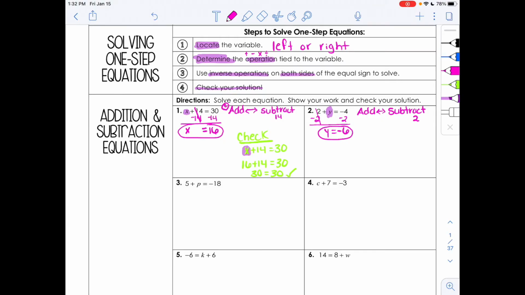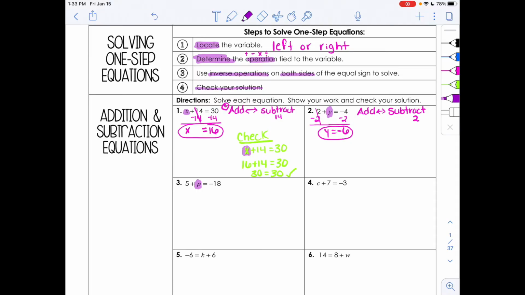Locate the variable. This time we're using the variable p. The operation that's with it is addition. So we're going to do the inverse and we're going to subtract. And for this problem, we're going to be subtracting 5 because 5 is that number on this side with our variable that we need to move. We need it on the other side so that our variable is by itself.